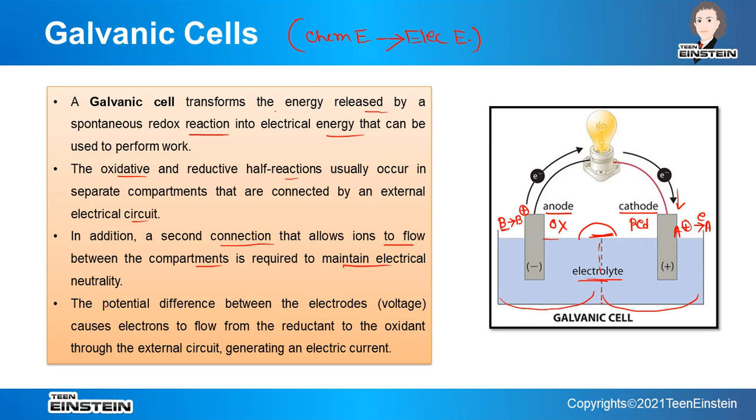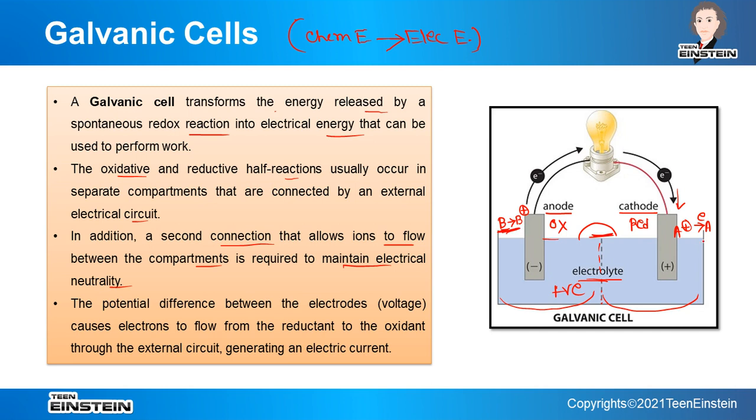To maintain electrical neutrality. Because on the left hand side, B is gradually converted to B plus, there will be an excess amount of positive charge, and here as A plus is converted to A and electrons are there, there will be an excess amount of negative charge, because when you are using a solution of B, obviously there is a counter anion of B. Suppose zinc sulfate: if Zn is converted to Zn2 plus, the sulfate ion will be there, so the amount of Zn2 plus is increasing here.